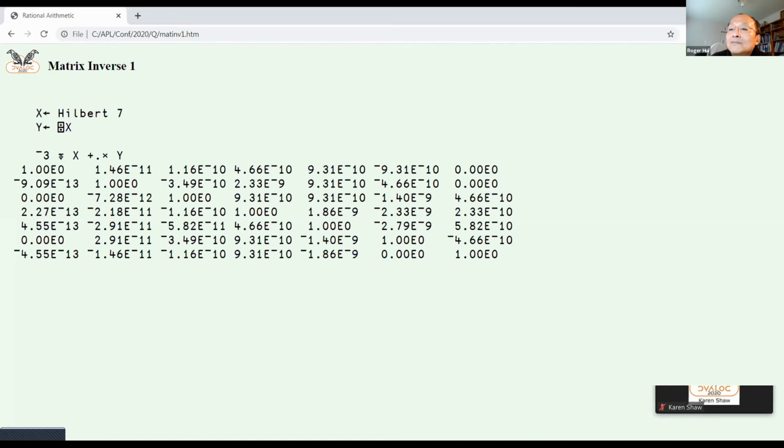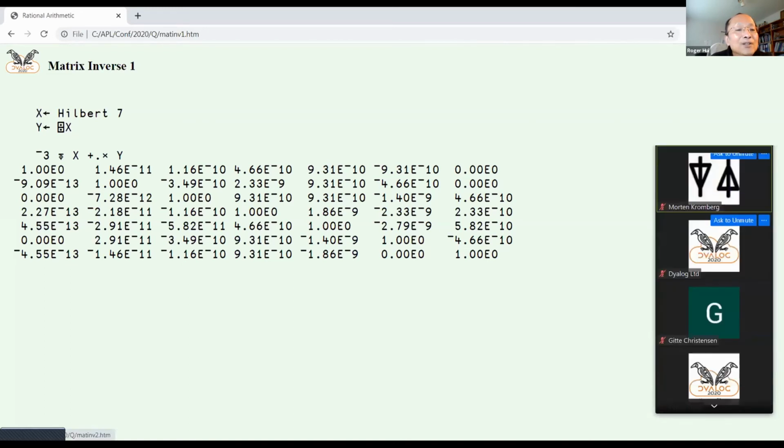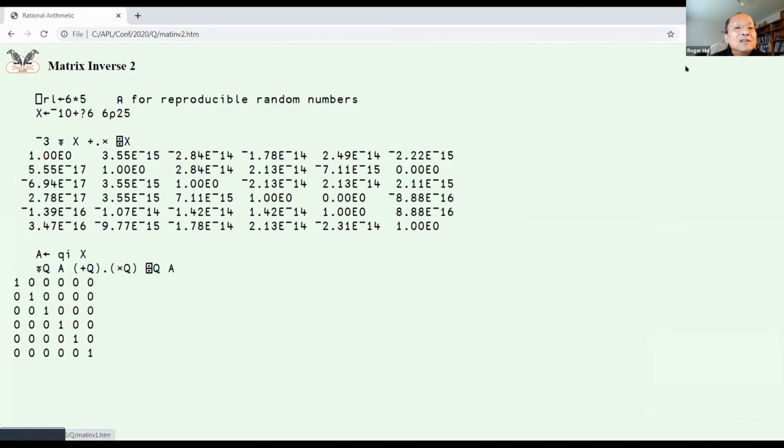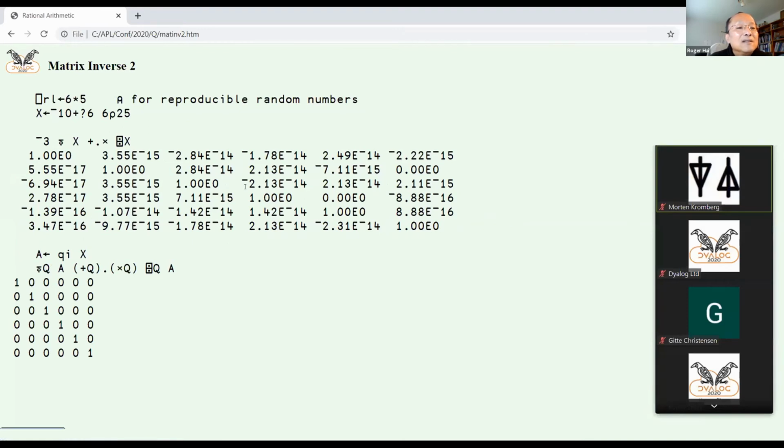Okay. What about for other matrices? I'm just going to work with a random 6 by 6 matrix, multiplying the matrix by its inverse.